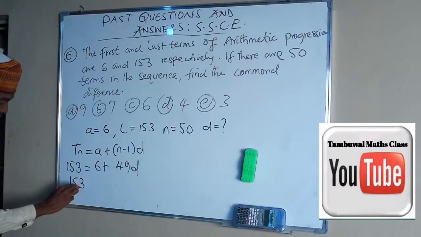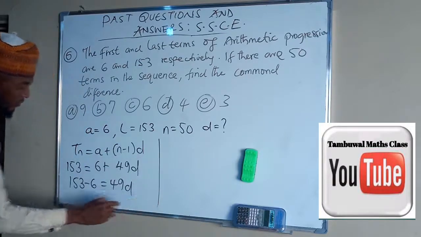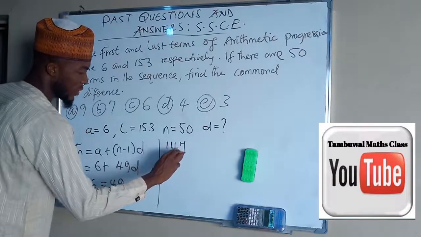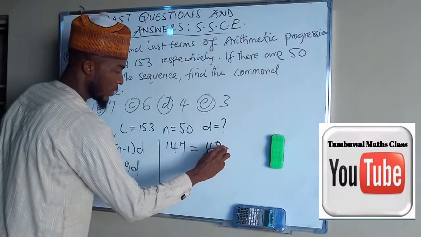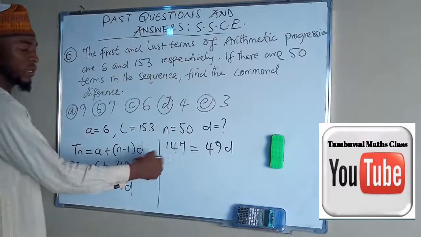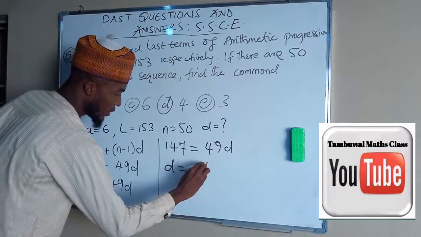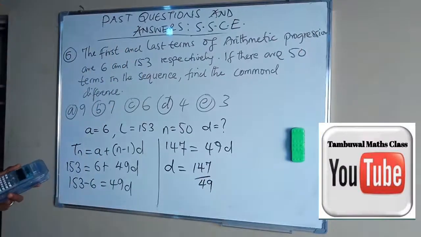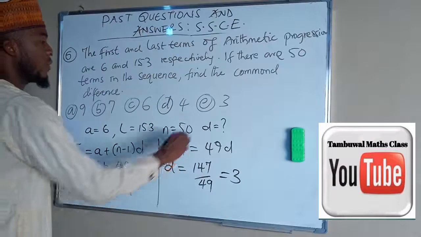So we have 153 minus 6 equals 49D. 153 minus 6 is 147. 147 equals 49D. To find D, we need to divide each side by 49. So D will be equal to 147 divided by 49, and that is equal to 3. The right option is E.